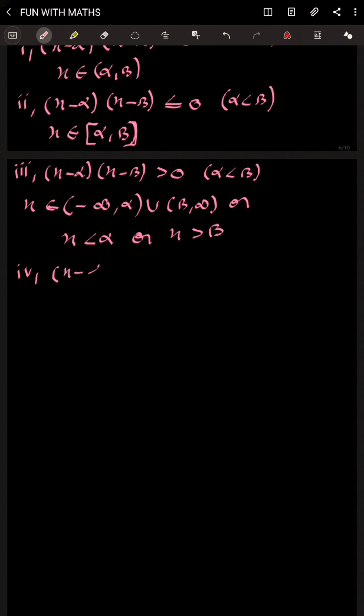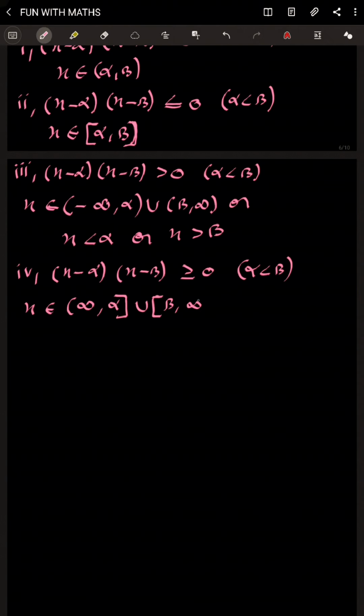x minus alpha into x minus beta greater than or equal to 0. So then x belongs to open bracket minus infinity comma alpha closed bracket union closed bracket beta comma infinity open bracket.